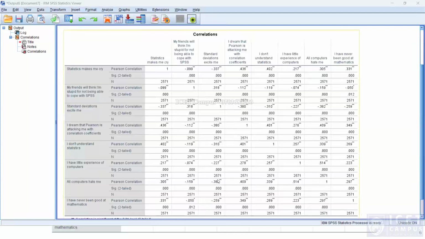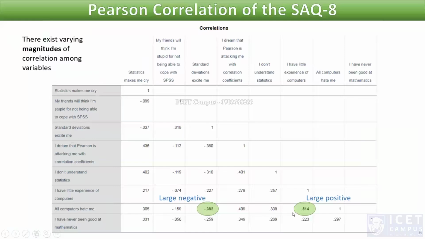Standard deviations excite me, and I have never been good at mathematics. There is a large negative correlation here. We can observe a large positive one here also. Likewise, we can take a general understanding: there exist varying magnitudes of correlation among variables.